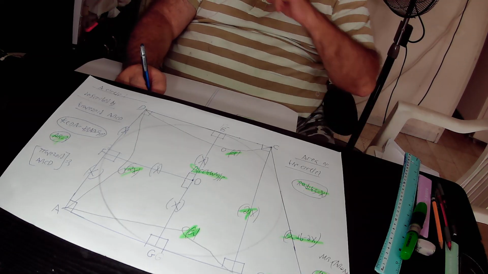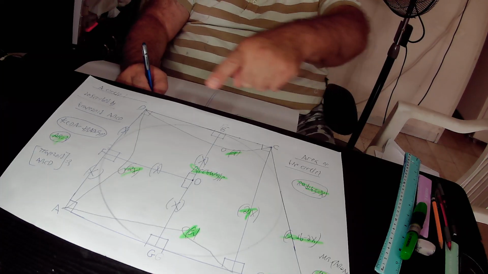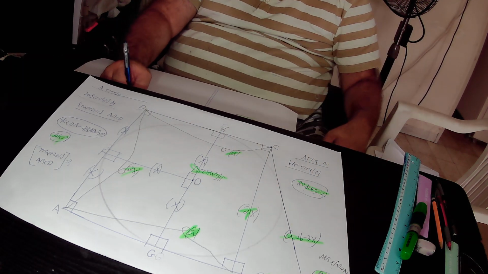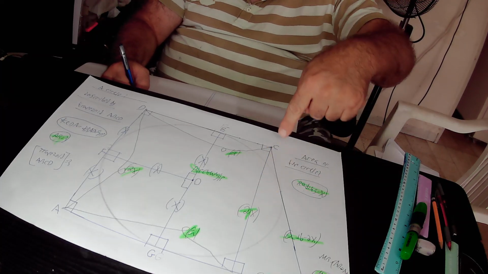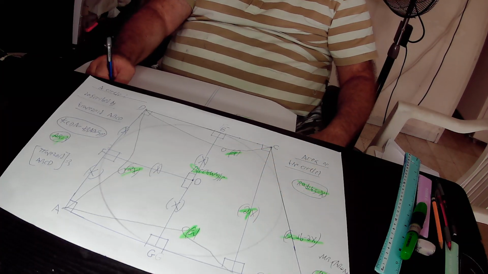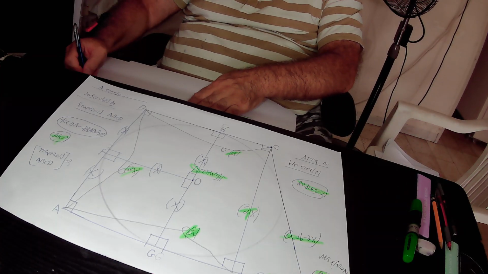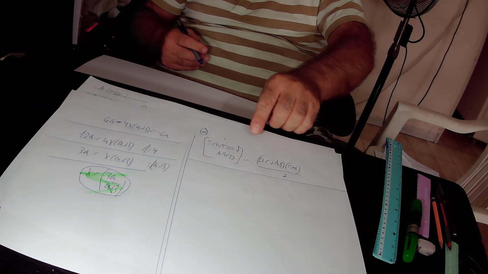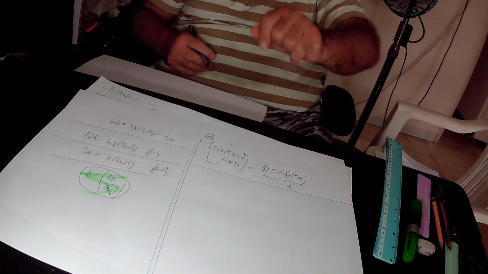The area of trapezoid ABCD is equal to the sum of its two parallel bases, that is to say DC plus AB, times the height CM over 2. The height is CM because it creates 90 degrees with the two parallel bases.